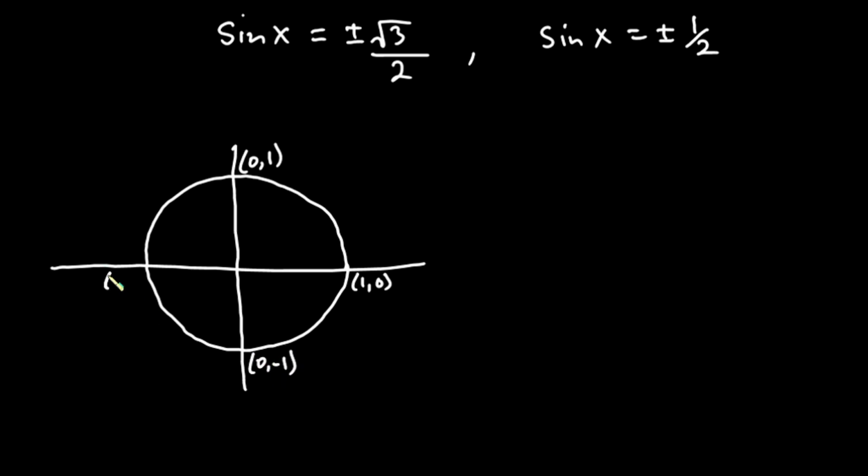Then lastly, here is going to be (-1, 0). Now, since this is a unit circle, it means that the radius has a magnitude of 1. Now, from the question, the angle here is x degrees, right? Now, let's indicate the vertical component and then the horizontal component.